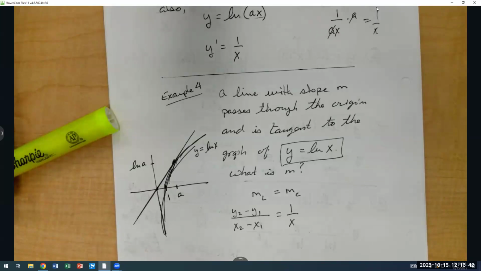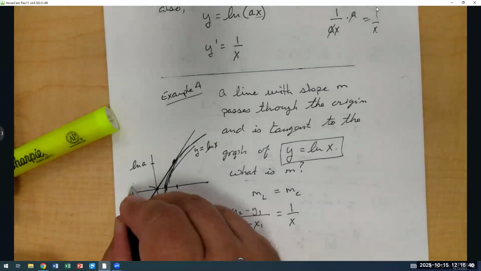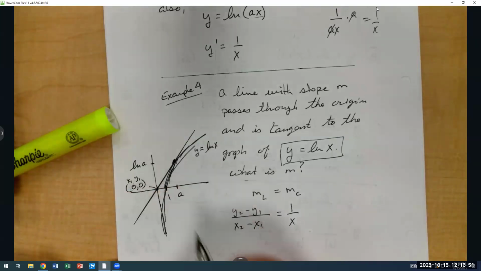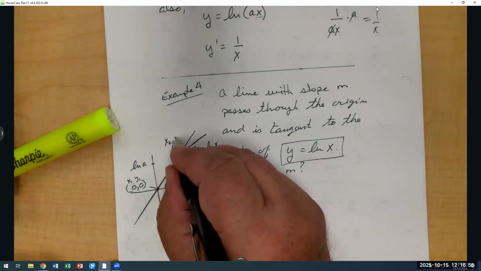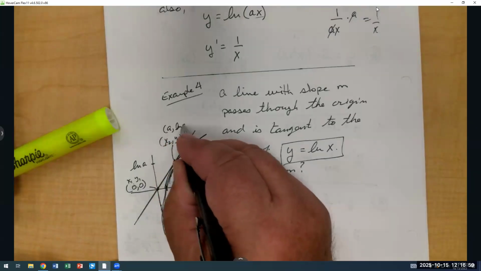In general, that's the slope of any curve. So our first point is at (0, 0). This is x1, y1. This next point is x2, y2, and that's at point (a, ln a).